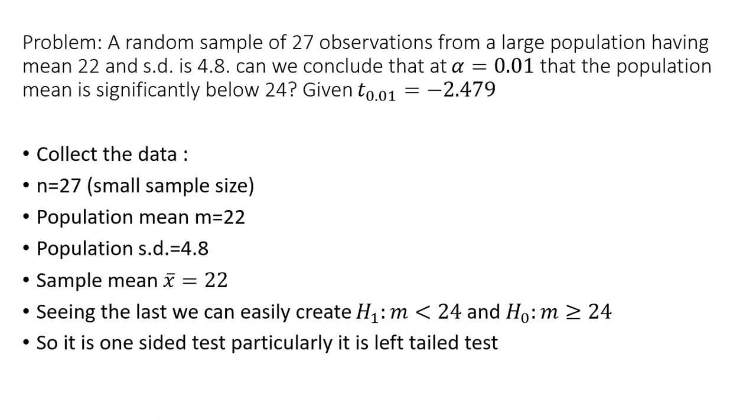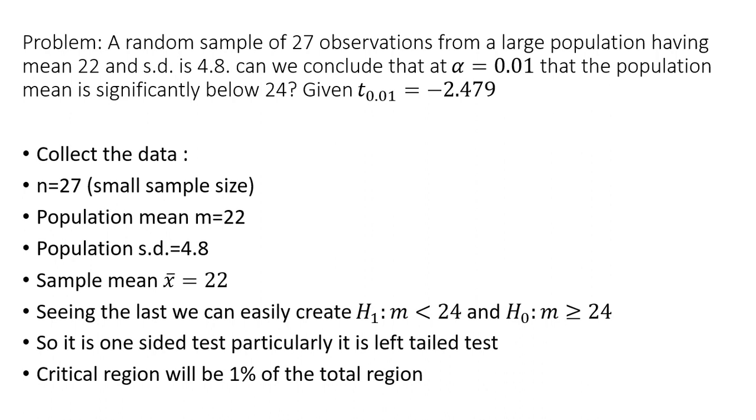So it is a one-sided test, and in particular it is a left-tailed test. So the critical region will be, look at this data, alpha equal to 0.01, so it will be 1% of the total region. It is left, so we should start from minus infinity. We will end at a point where 1% will be covered.